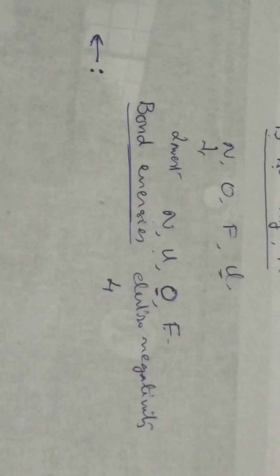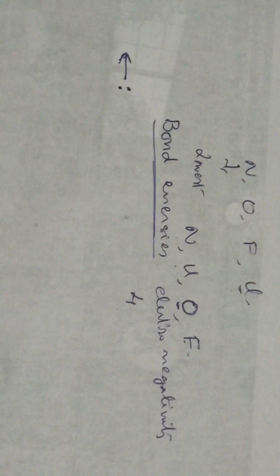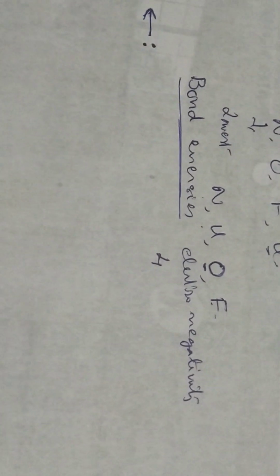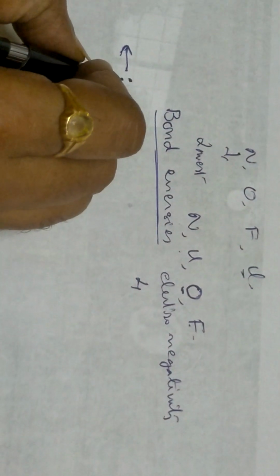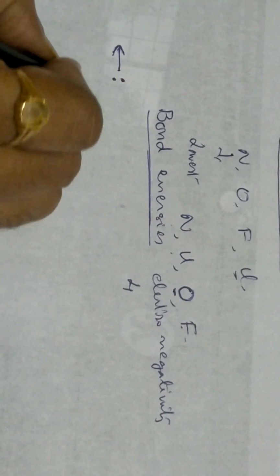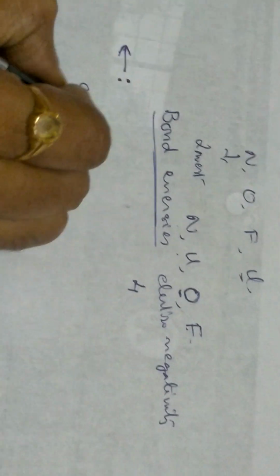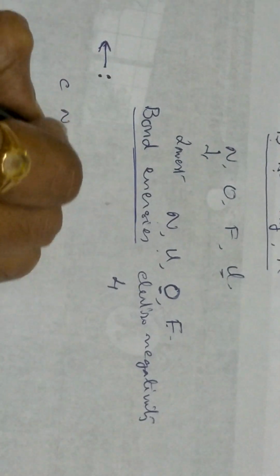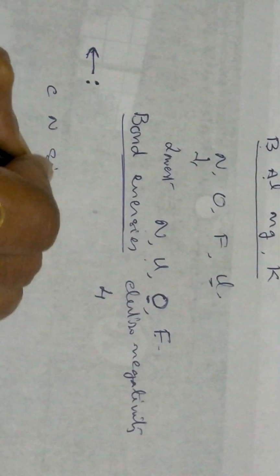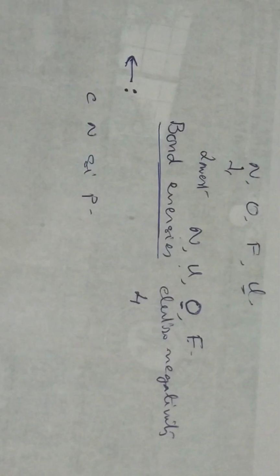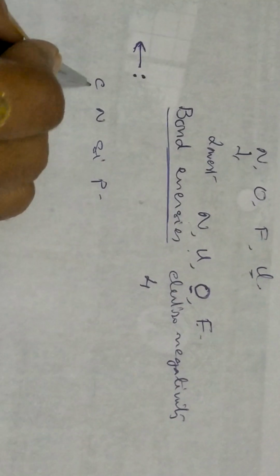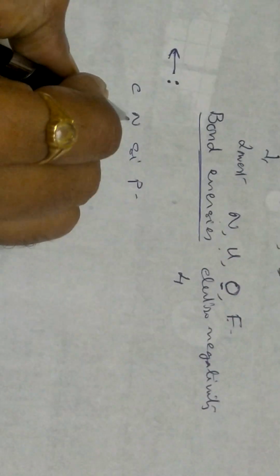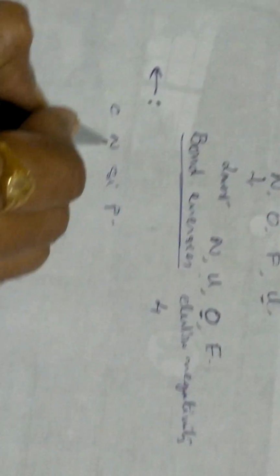One more interesting question: arrange in increasing order of electronegativity carbon, nitrogen, silicon, phosphorus. A zigzag order is given. Carbon and nitrogen are in the same period.